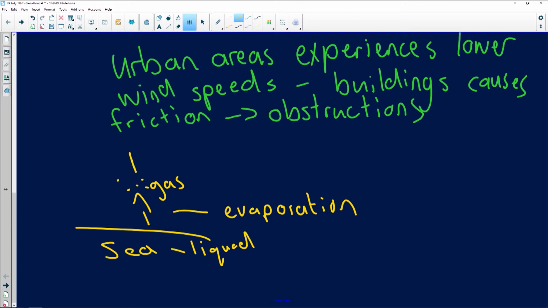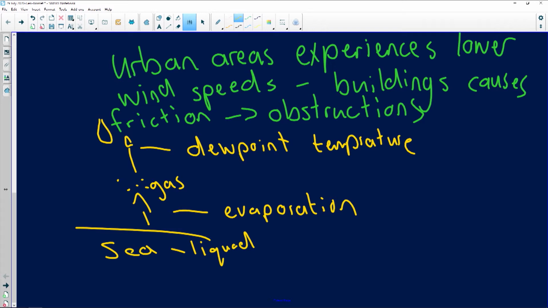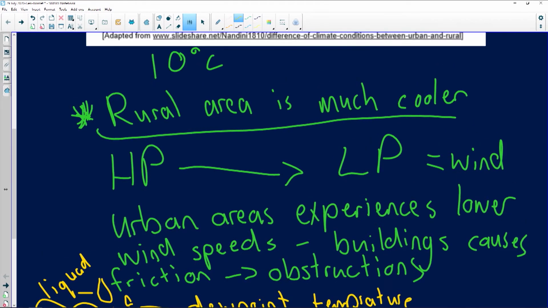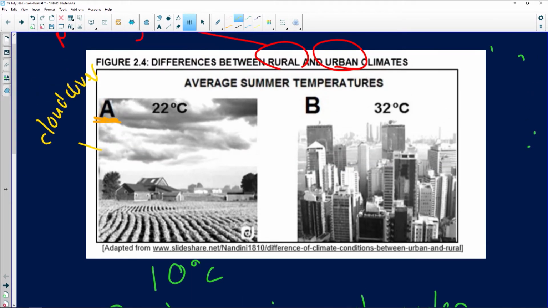And when it reaches a certain temperature, we call it the dew point temperature, the gas turns back into a liquid. Just going to make a little drop. And we have cloud cover. Now, first of all, we can immediately see at photograph A that we have cloud cover.